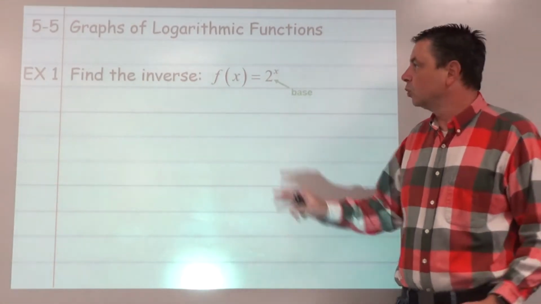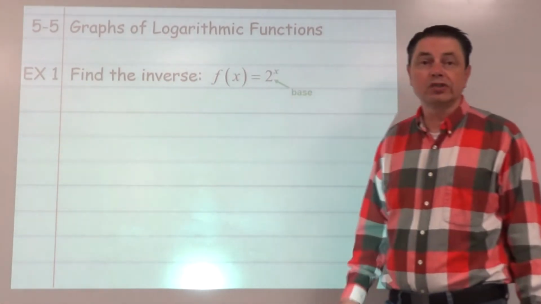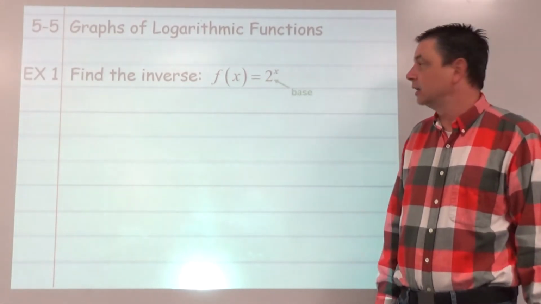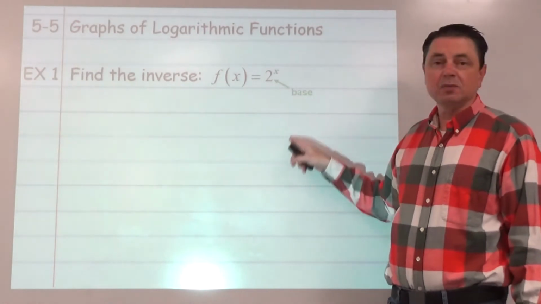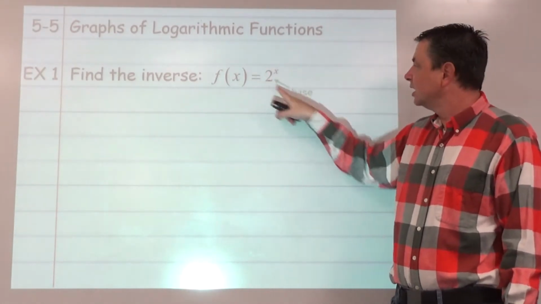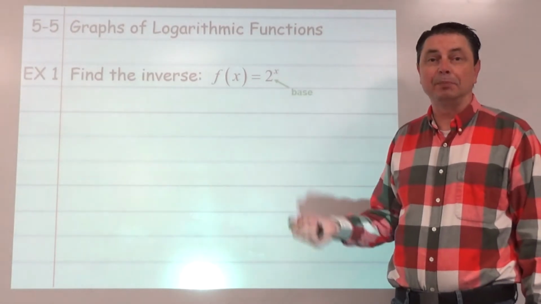Example number 1 says we're going to find the inverse of an exponential function that we've previously studied. For our exponential function, f of x equals 2 to the power of x, remember that 2 is the base.